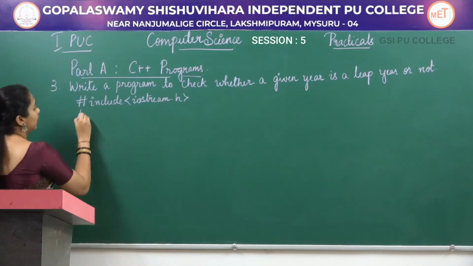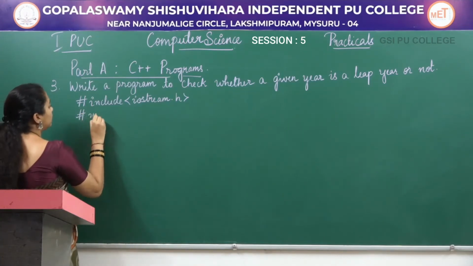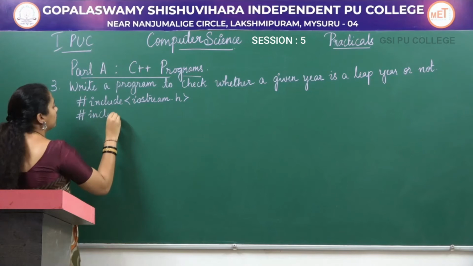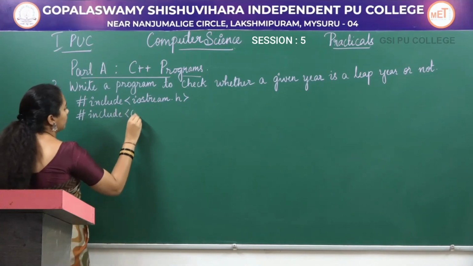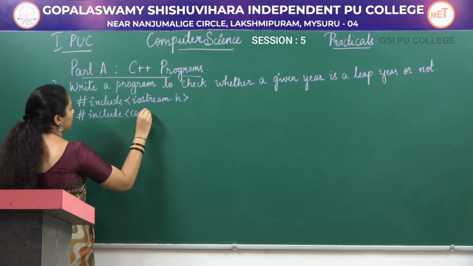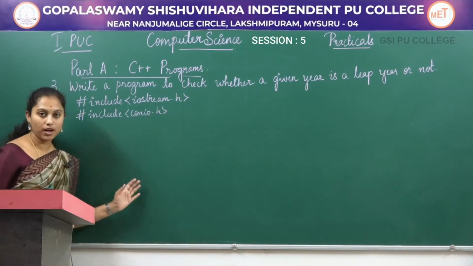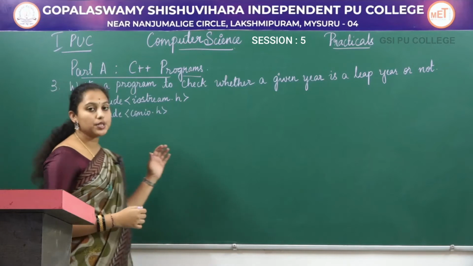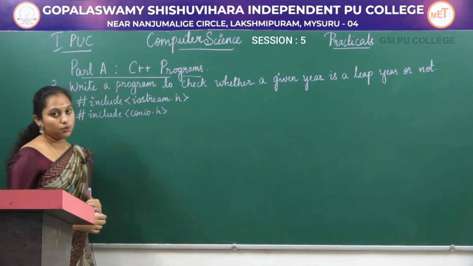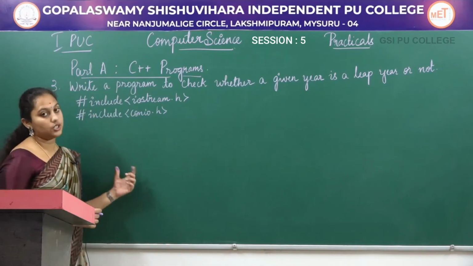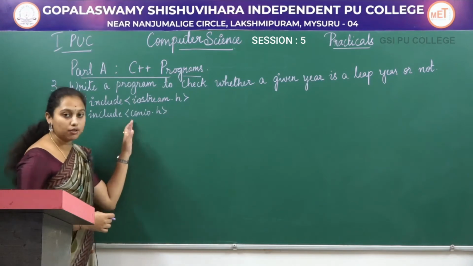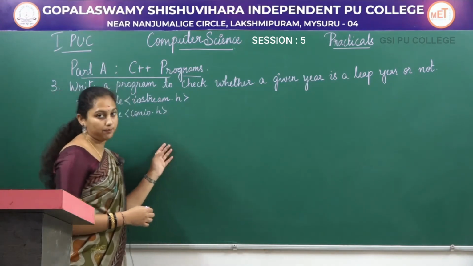The next header file is #include conio.h. This header file contains some basic functions required for our C++ program. If I want to use clrscr or getch, then I have to include this header file in our C++ program.